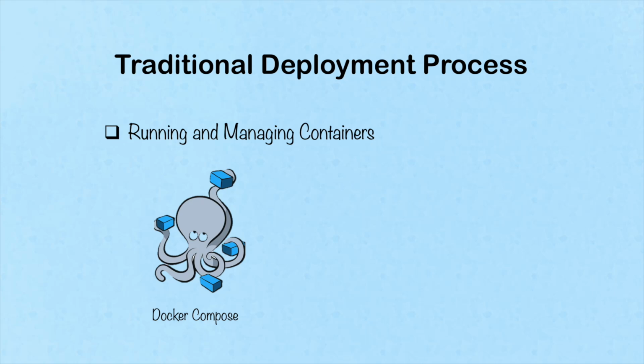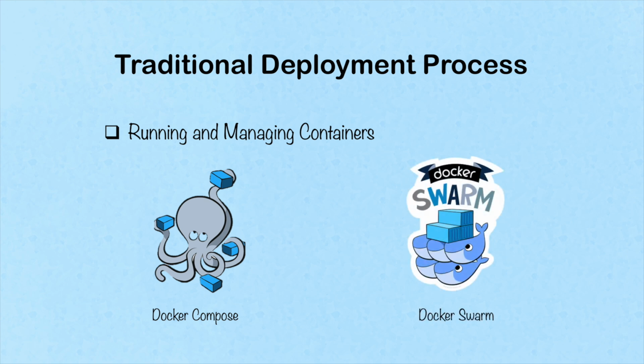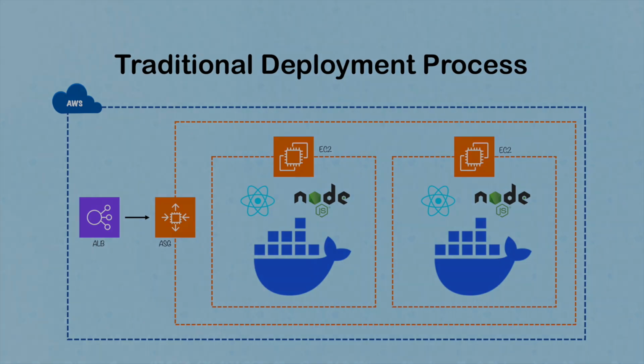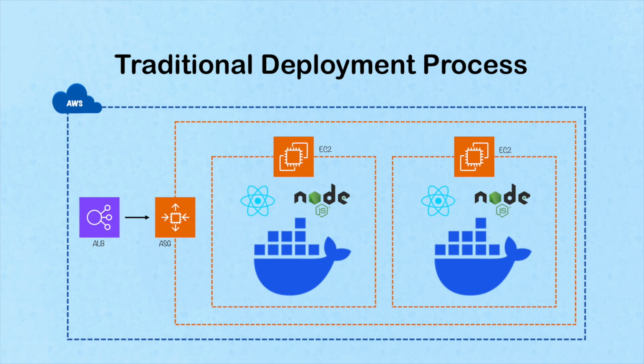With just one command, we could spin up an entire environment. For production, we needed an orchestration tool like Docker Swarm, which allowed us to deploy and manage containers across multiple EC2 instances. This diagram illustrates the architecture of a traditional container deployment on AWS, showcasing the key components and their interactions.